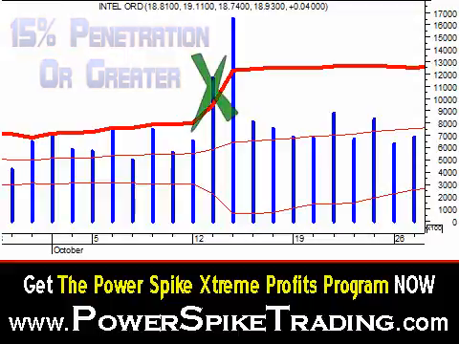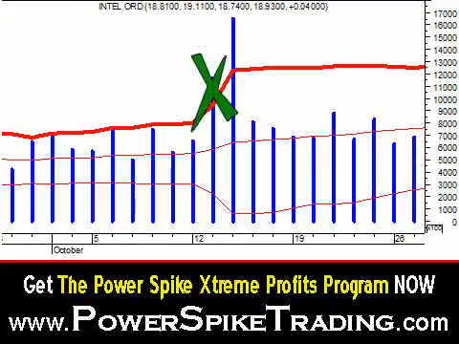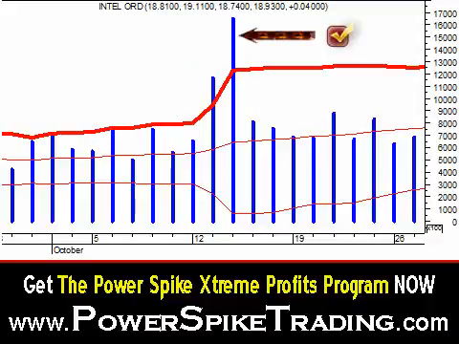If less than 15% of the total volume pierces the envelope, then it's a weak PowerSpike and it's not really worth further consideration. This power ranking method is really helpful because it allows you to compare spikes that occur in many stocks. You can quickly see which stocks had a stronger PowerSpike.